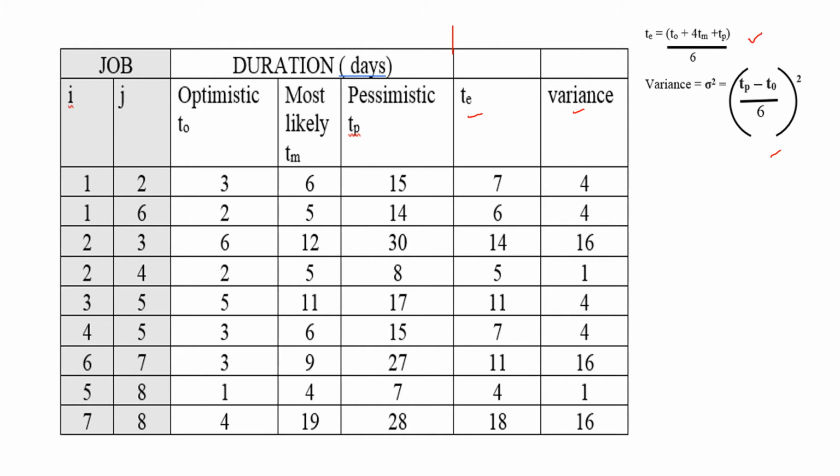So here 3 plus 4 into 6 plus 15 by 6, that is 7. 2 plus 4 into 5 plus 14 divided by 6, that is 6. So that way we have to find. And for variance, TP minus TO, that is 15 minus 3 divided by 6 the whole square, that is 4. Same way we have to find the values of variance.